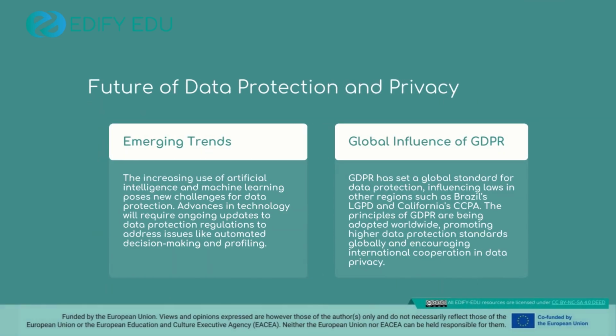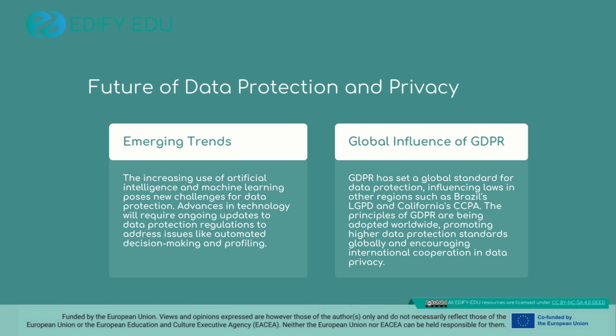The future of data protection and privacy will be shaped by several emerging trends. The increasing use of artificial intelligence and machine learning presents new challenges for data protection, particularly concerning automated decision-making and profiling. Advances in technology will necessitate ongoing updates to data protection regulations to effectively address these issues.